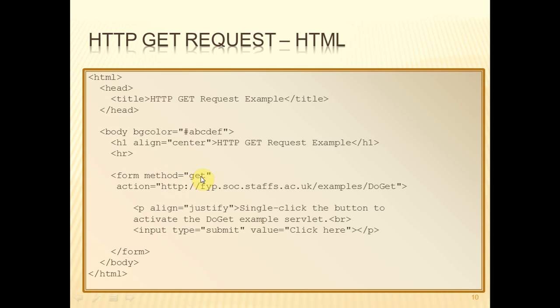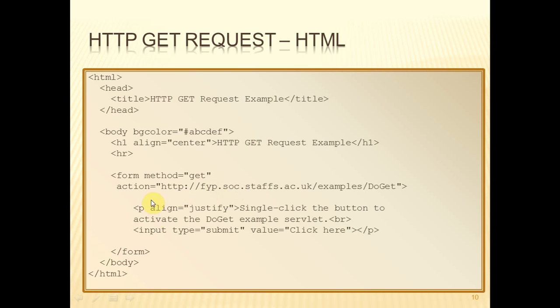We're guaranteeing that the request made is an HTTP GET request because we have the attribute method equals GET. The other attribute on this form tag is action, and we make that equal to the URL of the servlet that we want to execute.